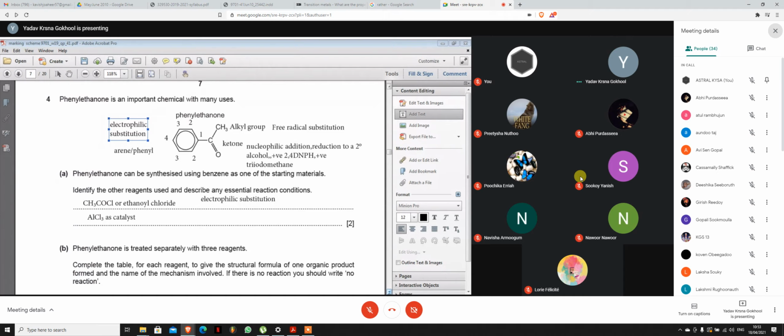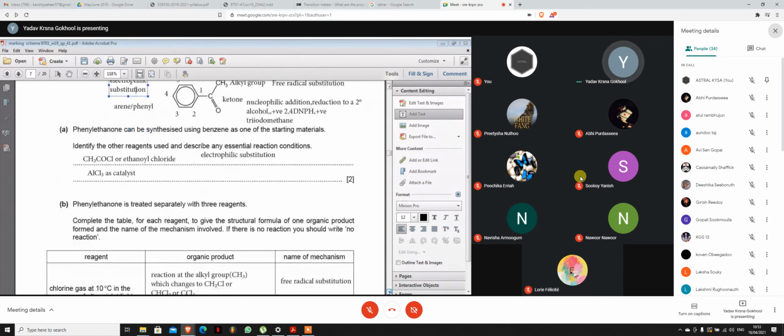So phenylethanone can be synthesized using benzene. So it is an electrophilic substitution over here also. It is an electrophilic substitution. You have to form an electrophile. So here, the electrophile is CH3CO+. It means that the chlorine pulls electrons towards it, then breaks away. When it breaks away, it takes extra electrons with it to form Cl-.